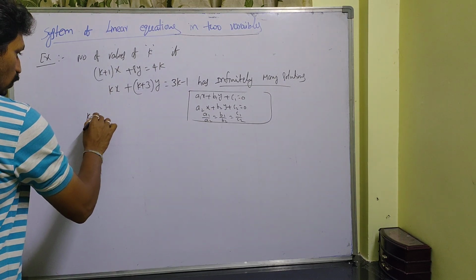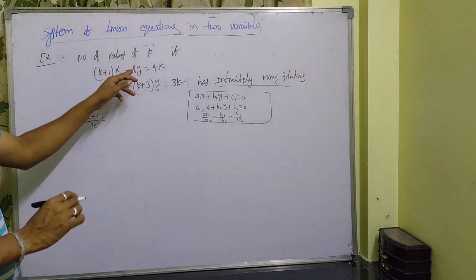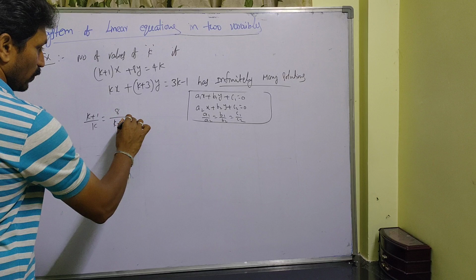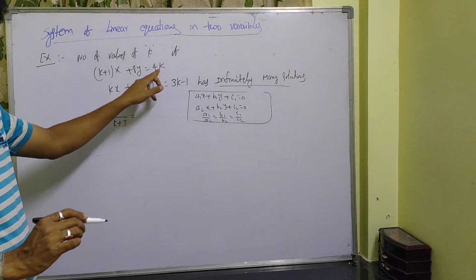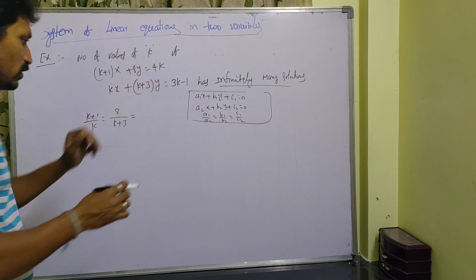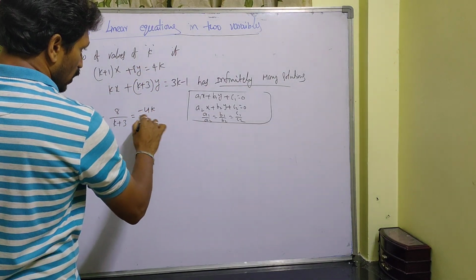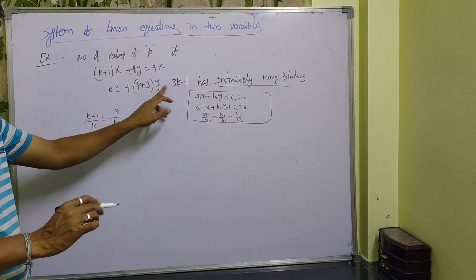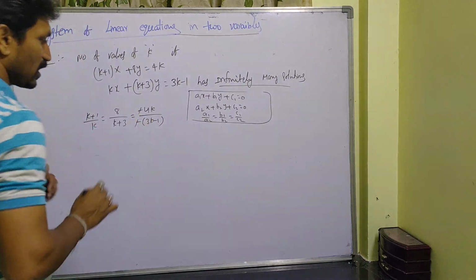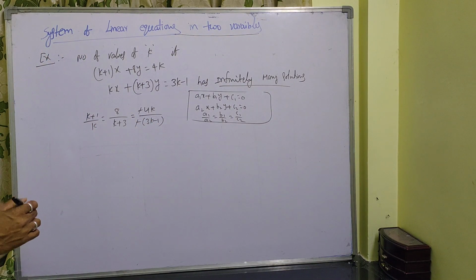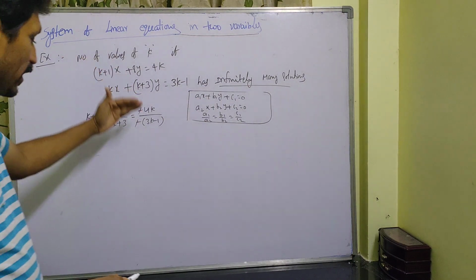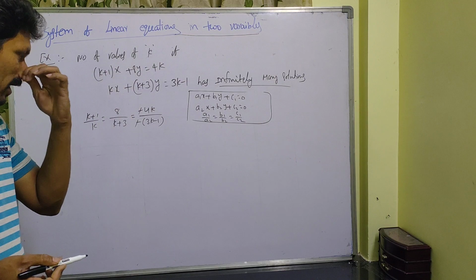So (k + 1)/k = 8/(k + 3) = c1/c2, where c1 is -4k after transposing this side. Here also c2 is minus of (3k - 1). The two minus signs cancel. Now what do you have? (k + 1)/k = 8/(k + 3) = 4k/(3k - 1).